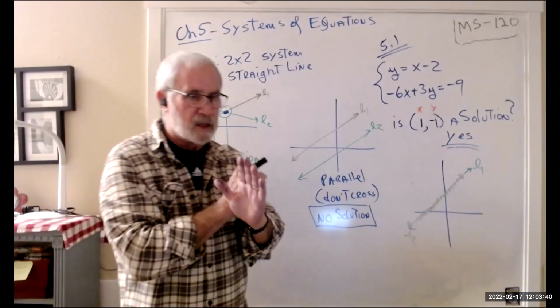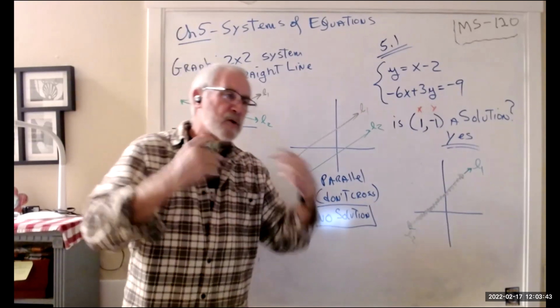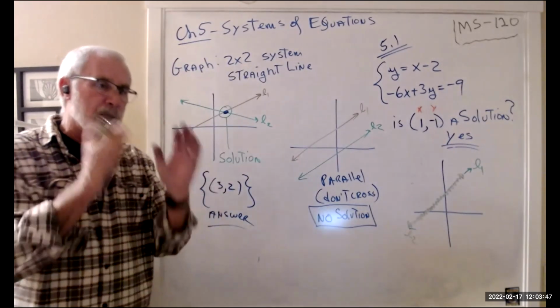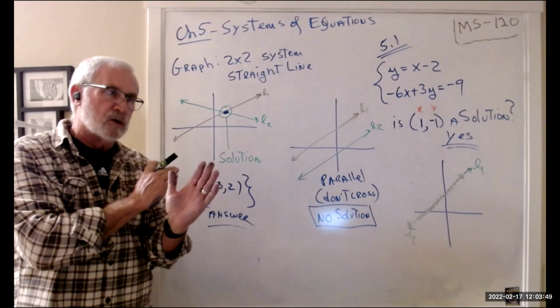So you're going to get a score for graphing the lines, and then you're going to get another score for picking the right answer based upon your lines. So it's a 2-in-1 problem. Yes.